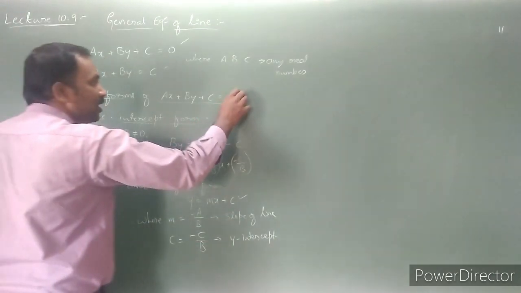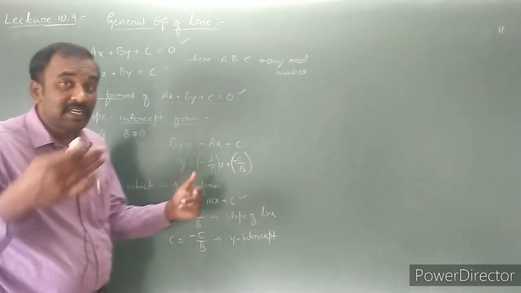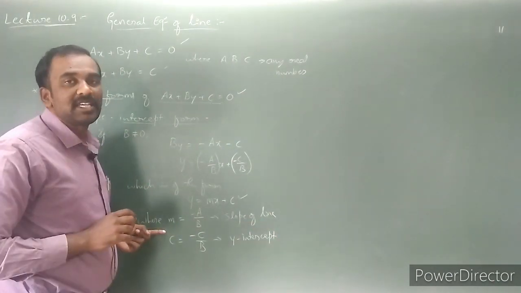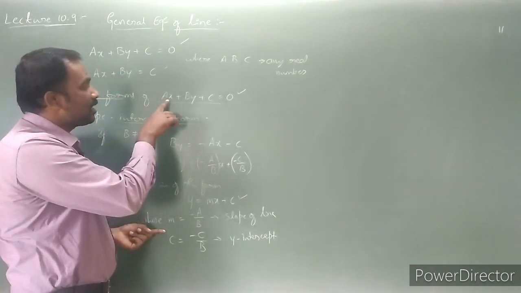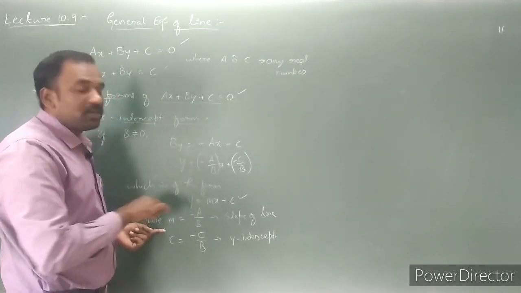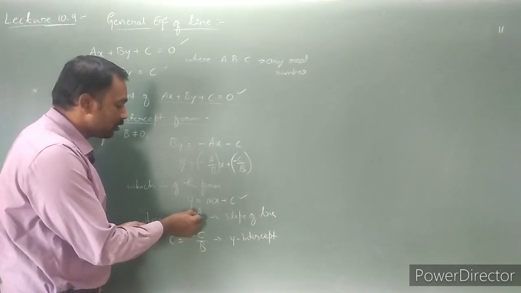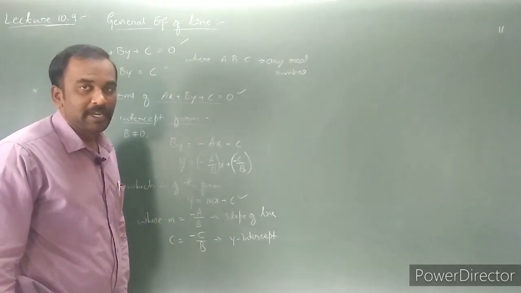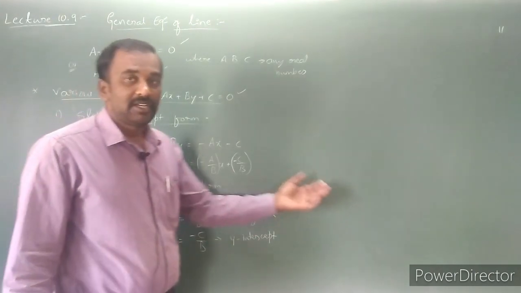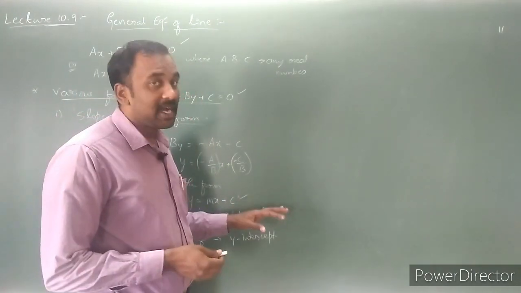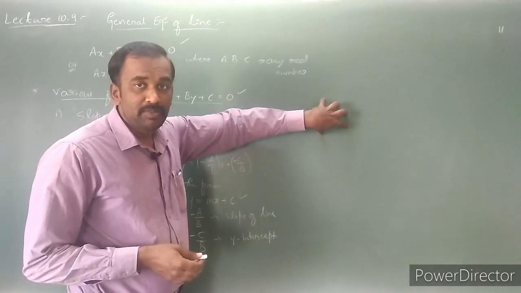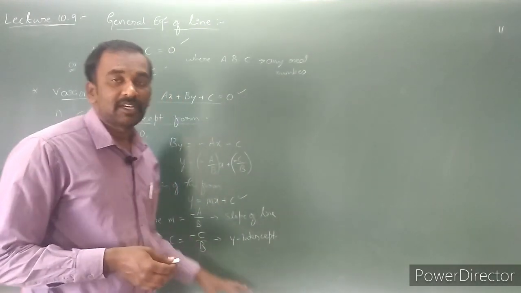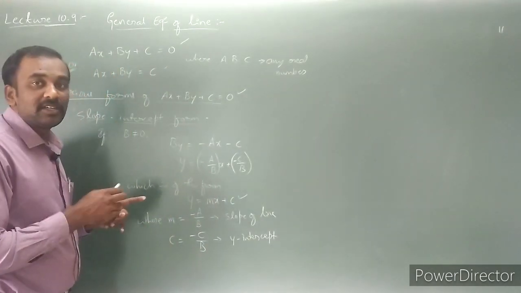Whenever a general equation of the line is given, we can directly find the slope of the line: it is -A/B, where A is the x coefficient and B is the y coefficient, with a negative sign. Is that clear? We have already studied in previous videos that when the slope and a point, or the slope and y-intercept, are given, we find the equation of the line.